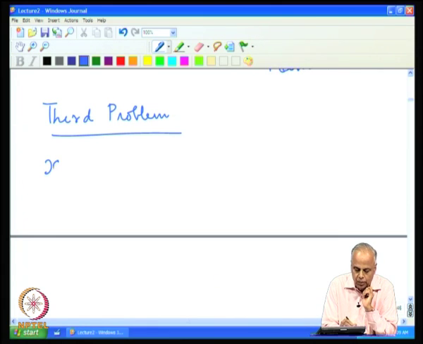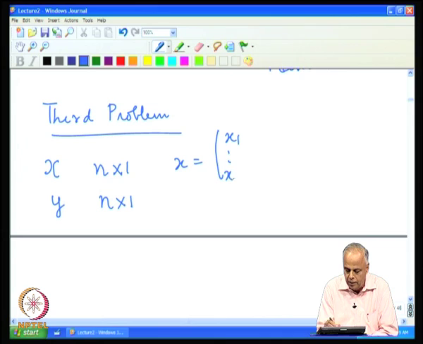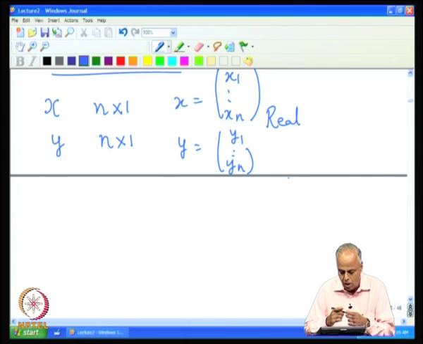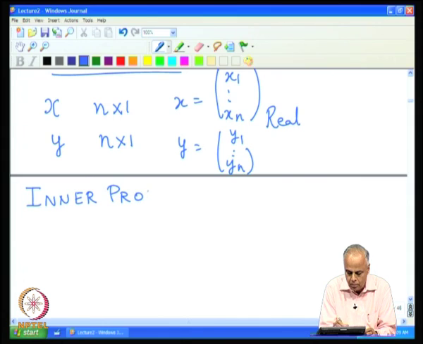Suppose we start with a vector x, or what we call a column matrix, and another column matrix y, where x is x1, x2, up to xn, and y is y1, y2, up to yn, and let us say all are real. So, we have two vectors or two column matrices each having n entries, then we define what is known as the inner product of x and y.